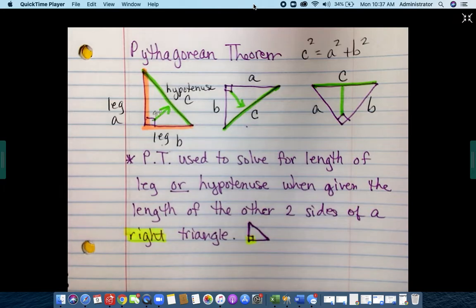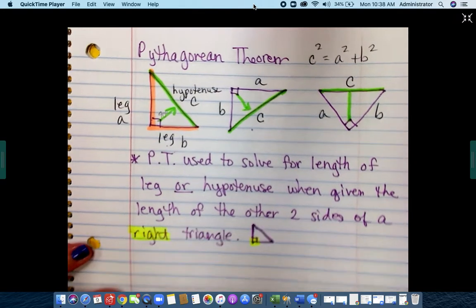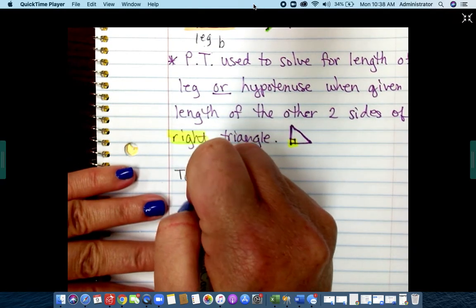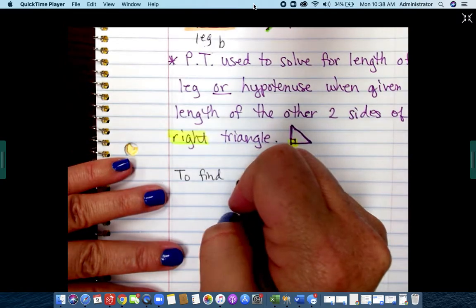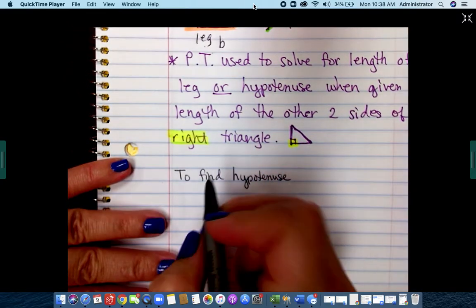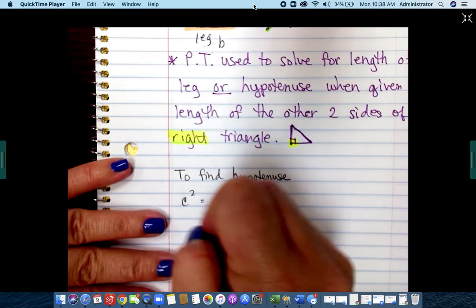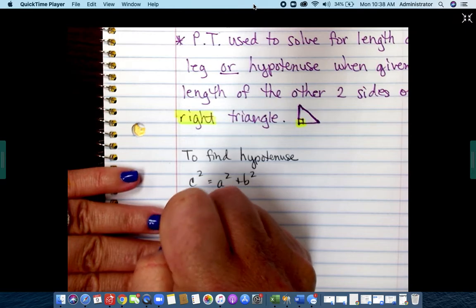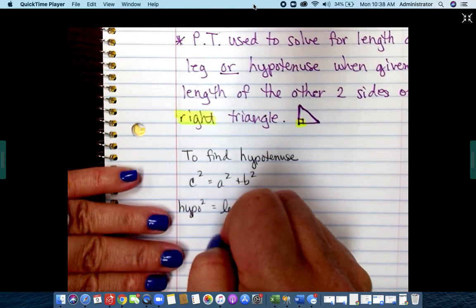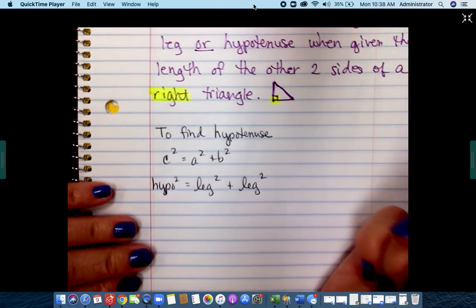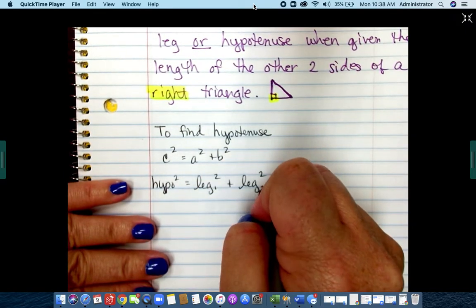So we can use this to find the hypotenuse or a leg. I want to come down here and specify that to find the hypotenuse, c squared equals a squared plus b squared really means that it's the hypotenuse squared equal to one of the legs squared plus the other leg squared, which we sometimes denote with a subscript, 1 or 2.